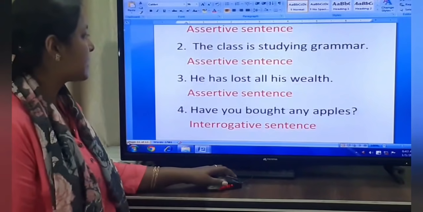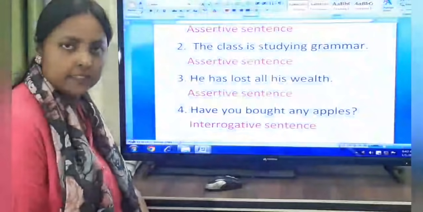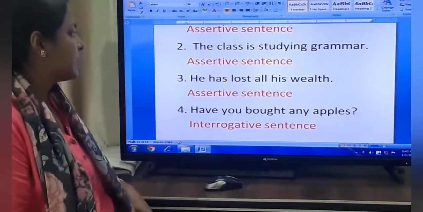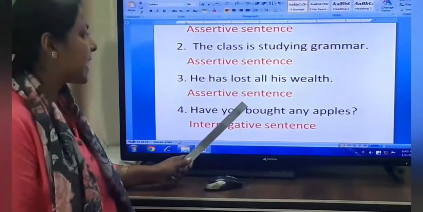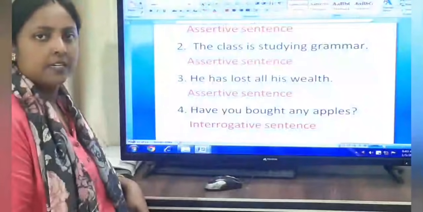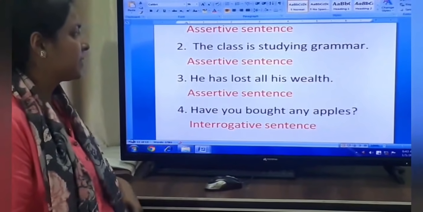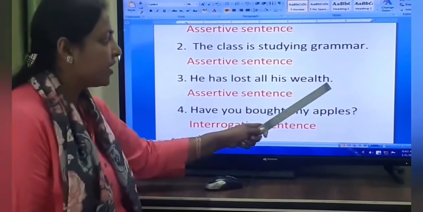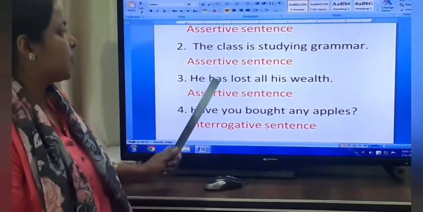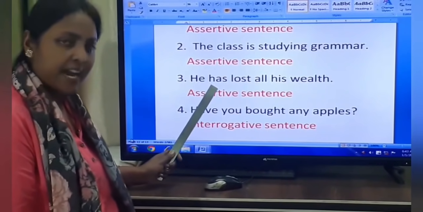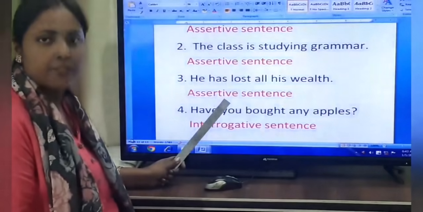The next is, he has lost all his wealth. This sentence is also an assertive sentence. It starts with the capital letter H. It ends with a full stop. It tells you about the fact. So this sentence is an assertive sentence.